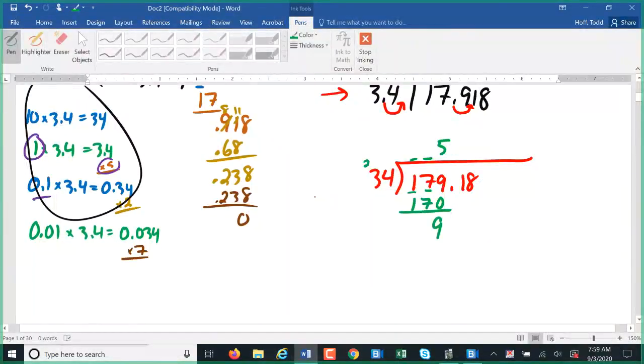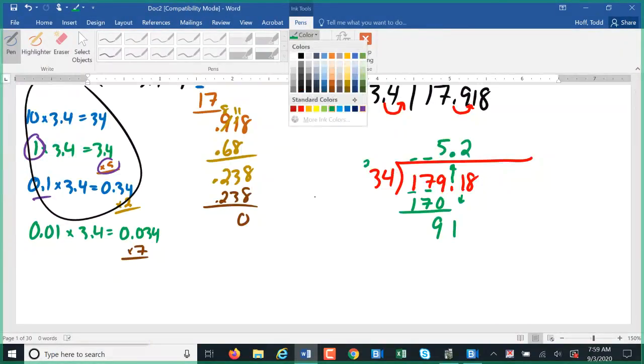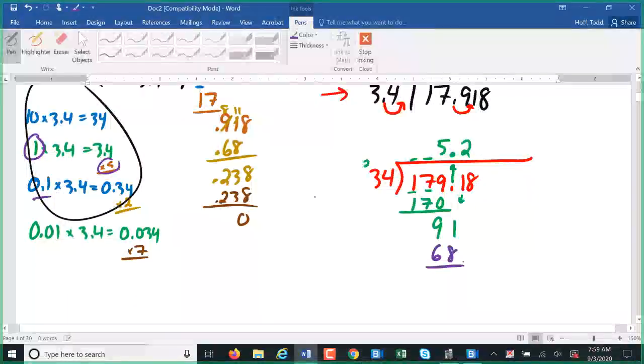Now, before we bring down the next digit like we normally do, we see that we're crossing the decimal point. Before we can cross that decimal point, we have to slide it up into our answer. Now we can bring down that next digit, the 1. 34 goes into 91 twice. 2 times 34 is 68.